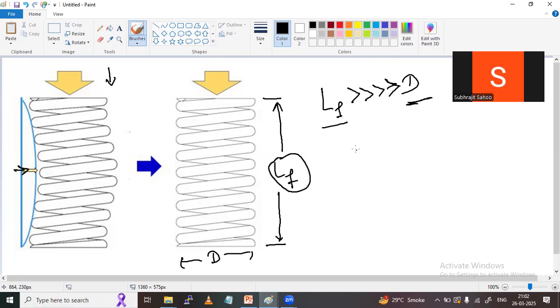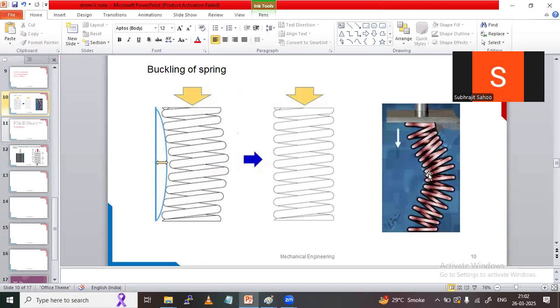What is the relation, sir? LF should be less than or equal to 4 times the diameter of the coil. Whatever coil diameter you are choosing, based on that the free length should be a maximum of 4 times it, or less than that, right? Then only this buckling effect will be reduced and will disappear on application of load.